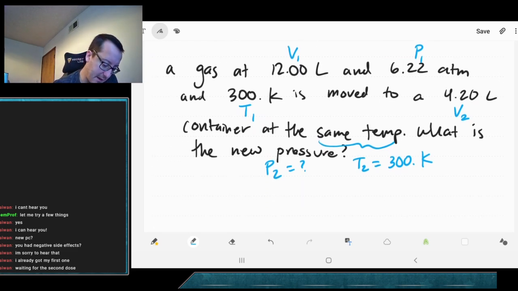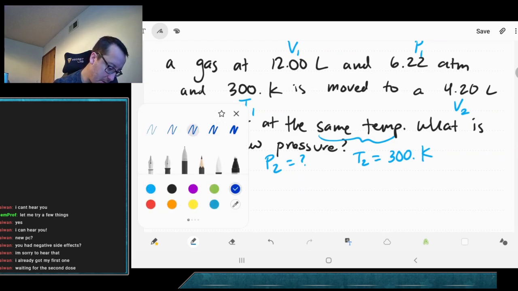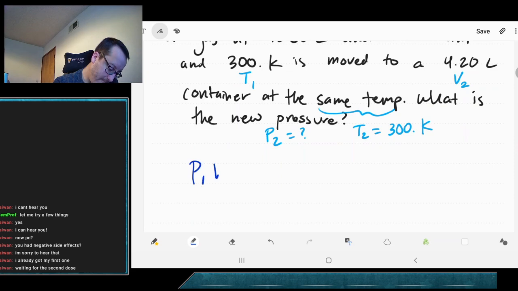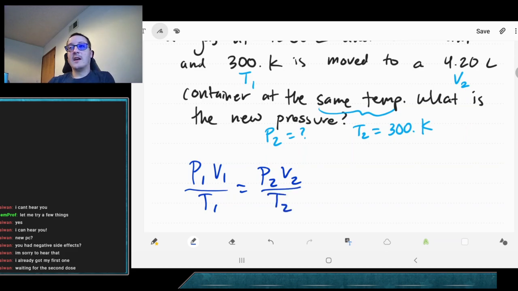So let's go ahead and take a look at our equation again. All right, so I'm just copying it as above. Alrighty, and with that in mind, we can go ahead and solve for P2. I like to do that. I like to solve for the variable and then plug in the numbers.